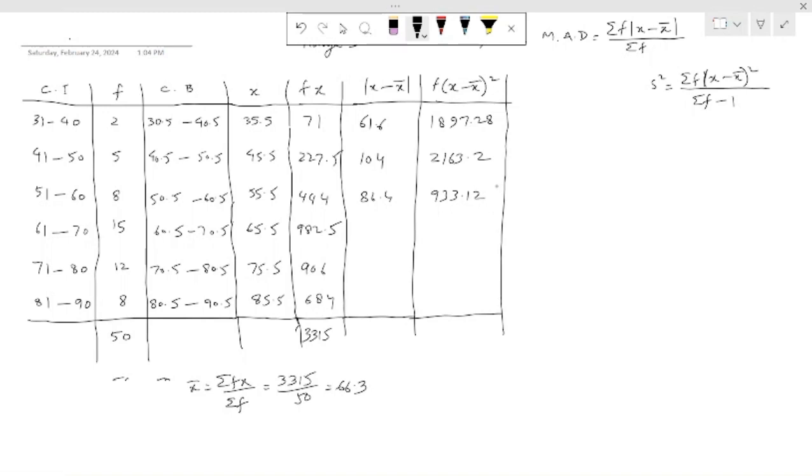Then 65.5 take away 66.3, that's 0.8, and then multiply this by 15, gives us 12. Then again multiply by 0.8, gives us 9.6.